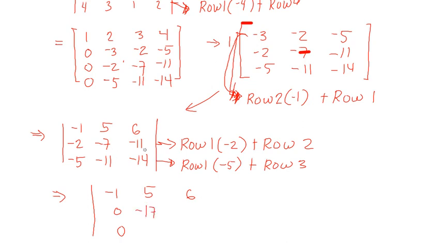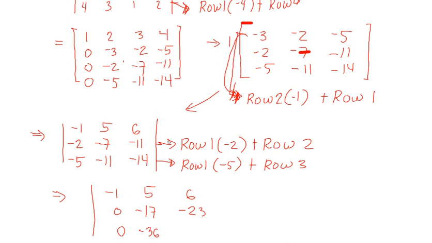And yung next, row 1, that is 6 times 2, negative 12 plus row 2, negative 11. Ang value natin dito is negative 23. And lastly, yung third column. So, that is row 1, that is 5 times negative 5, negative 25 plus row 3. So, negative 25 minus 11 is negative 36.